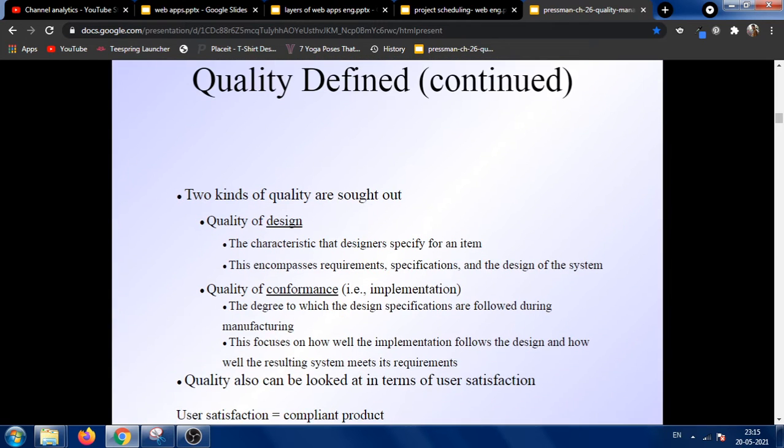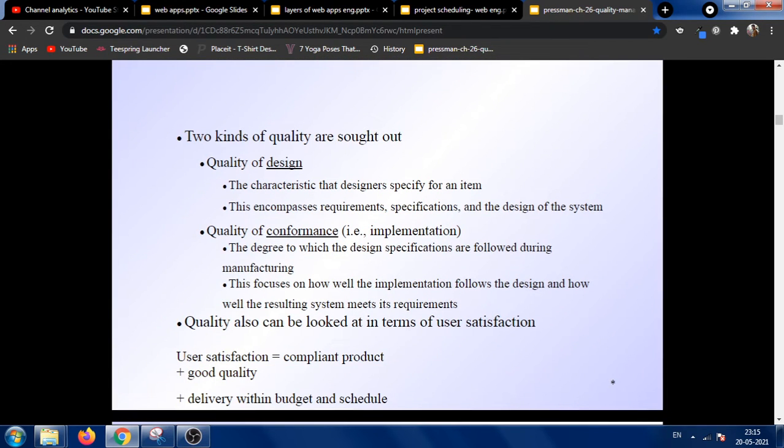And here we have two types of quality: quality of the design and quality of conformance, that is the implementation. Quality of design is, once the designer specifies the particular product, the developer and the customer have different levels of communication in order to do the requirements analysis.